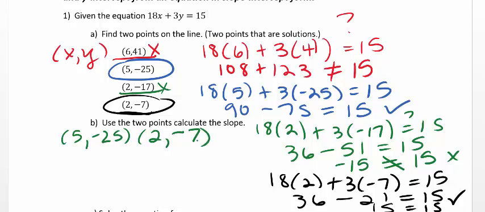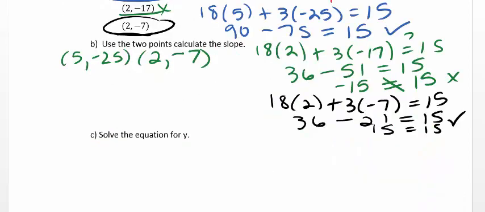Those are solutions. Now we want to find the slope using these 2 points, and our formula to find the slope is y2 minus y1 over x2 minus x1. And if we want to do our y2 minus y1, that means the y from the second point minus the y from the first point.